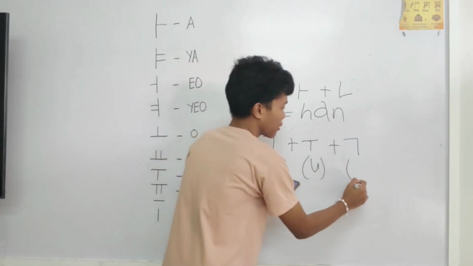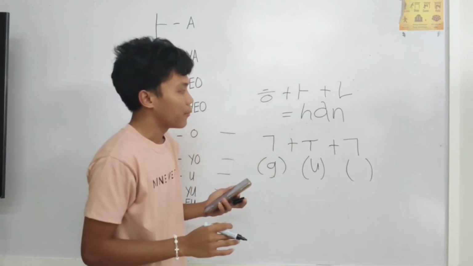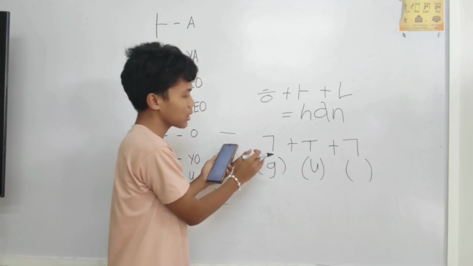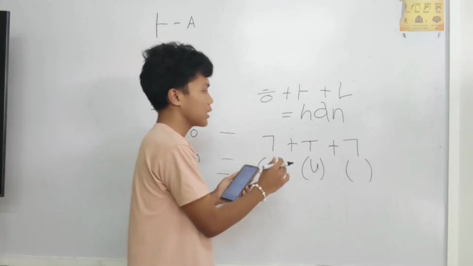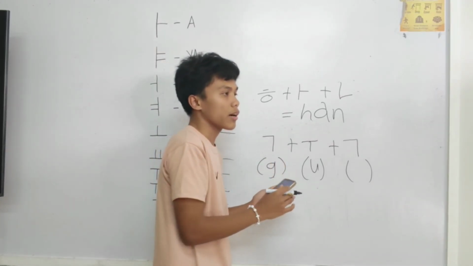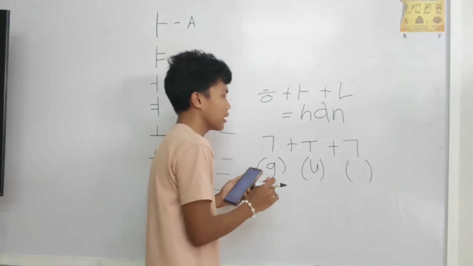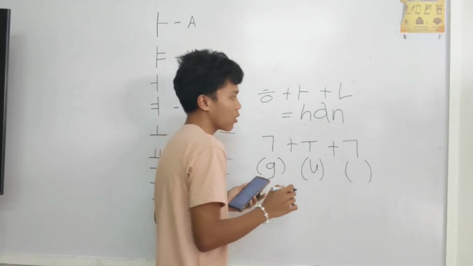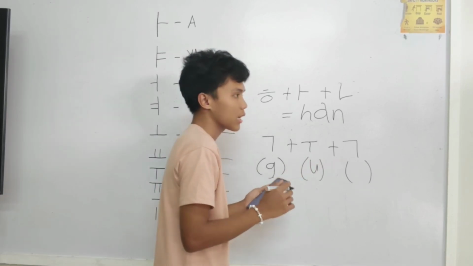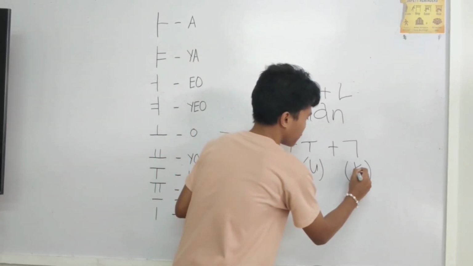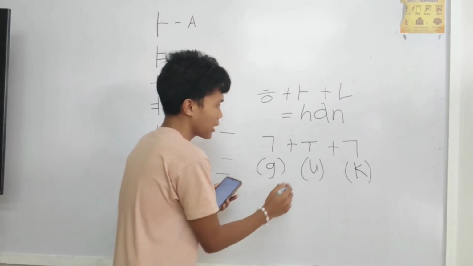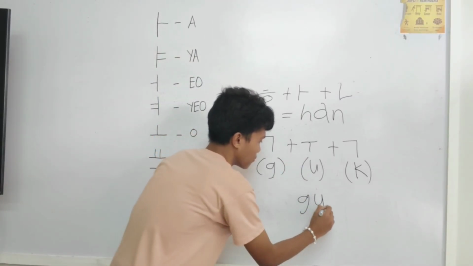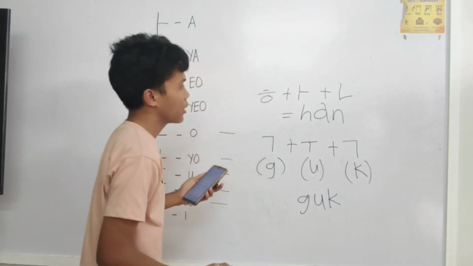In Korean, if this letter is at the beginning of the word, it is pronounced as G. But if this letter is at the bottom, we pronounce it as a hard G. So we have the overall guk.